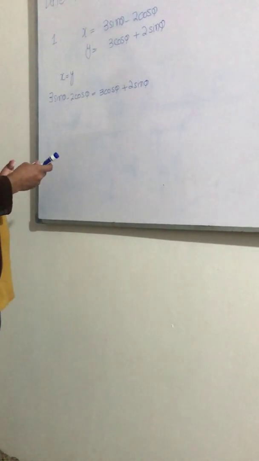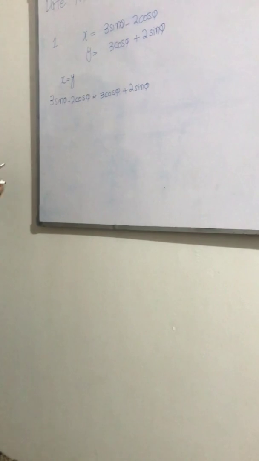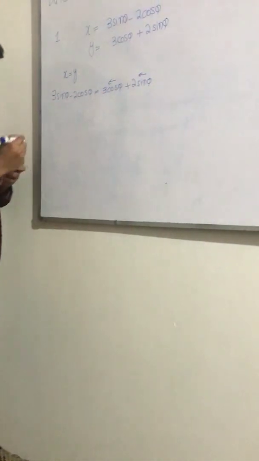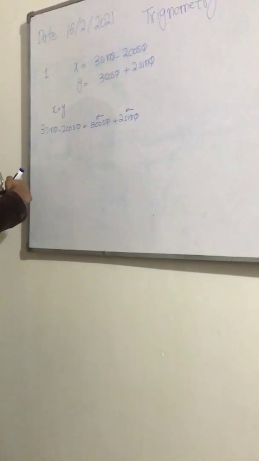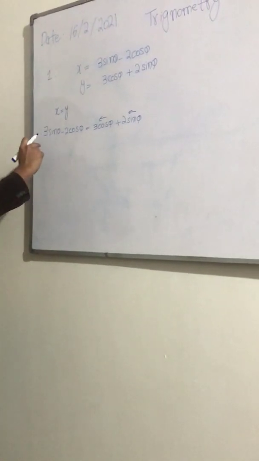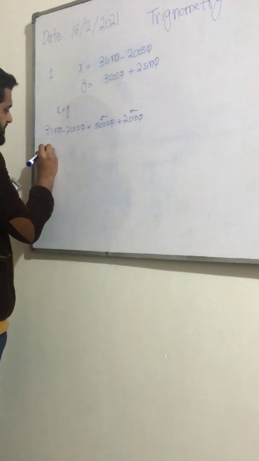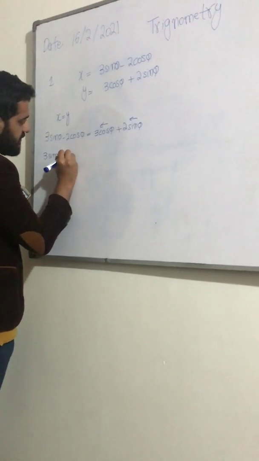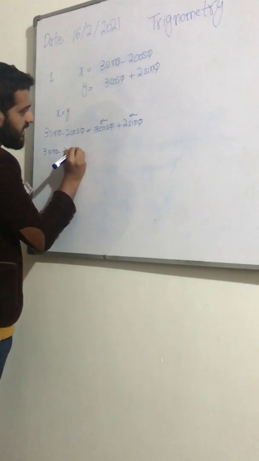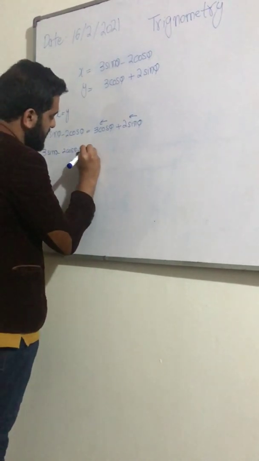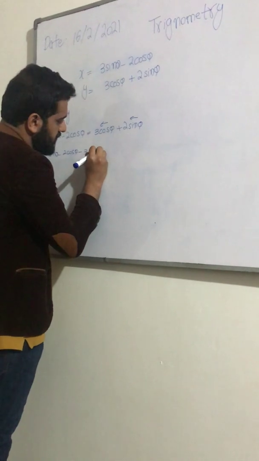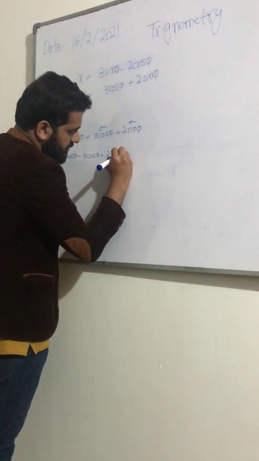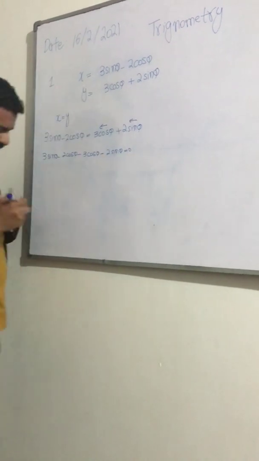So now the next step which we have to do is that we will move both of these terms to the other side of the equation, and here we can write 3 sin theta minus 2 cos theta minus 3 cos theta minus 2 sin theta equal to 0.